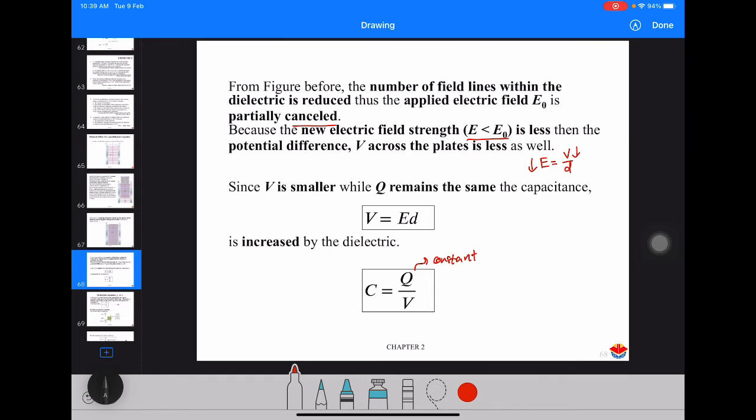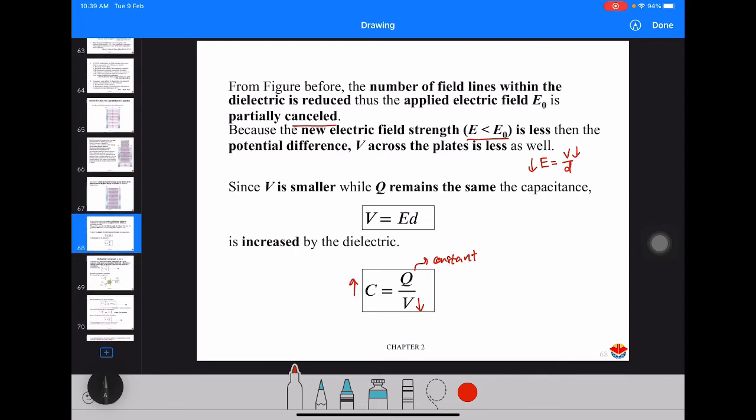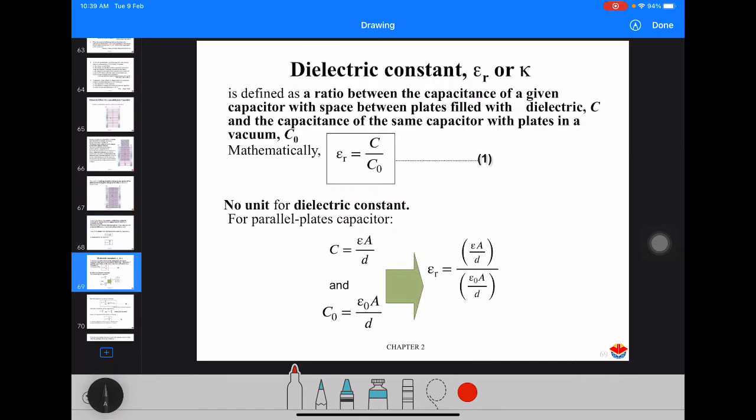Since V is decreasing, you will have an increase in capacitance. This is why, when you put a dielectric material between two plates in a capacitor, you have an increase in capacitance. This is the story, but most of the time you will be doing the calculation instead.